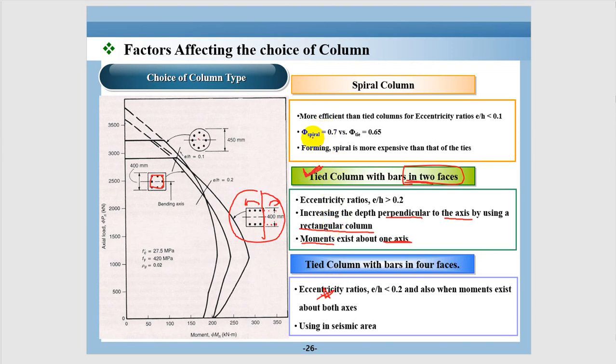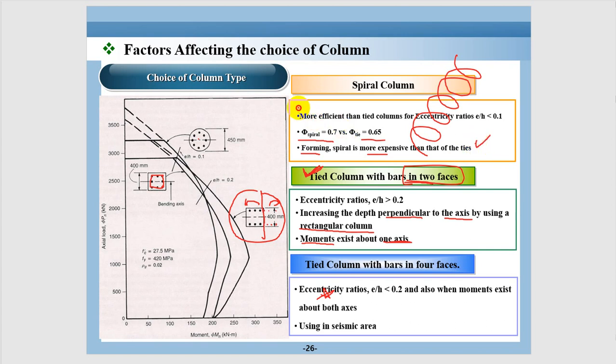And here, whereas we have spiral columns, the phi factor is 0.75 or 0.65. Also this spiral column is very expensive because it is very expensive to form spiral hoops. You know the spiral hoops. This is expensive, so these ties are expensive.